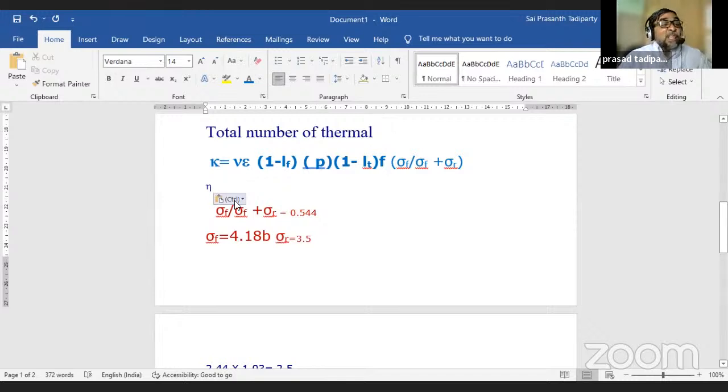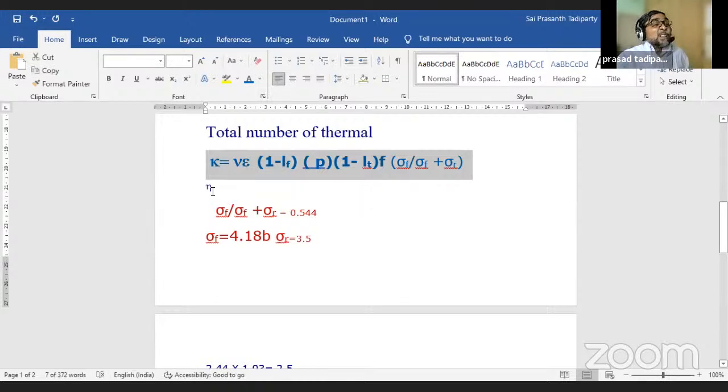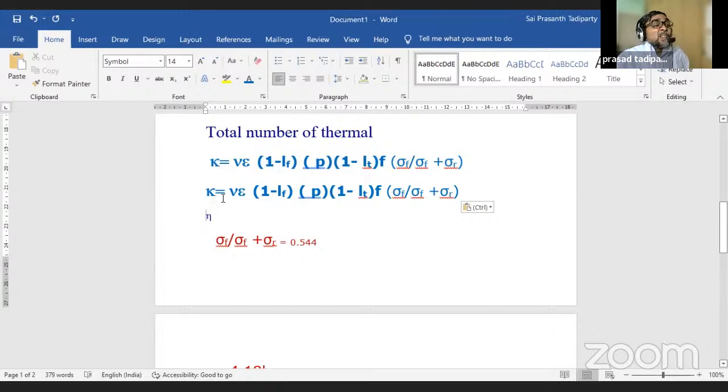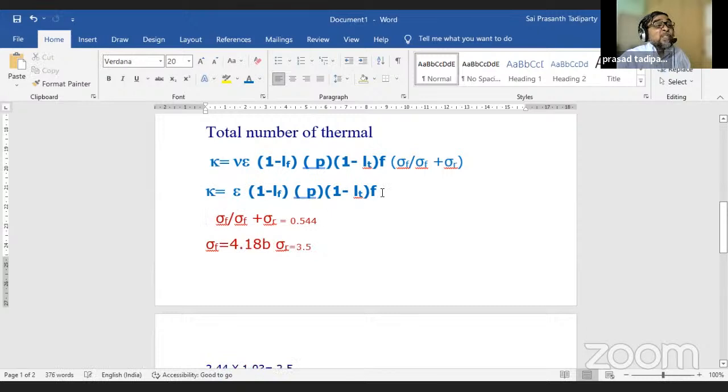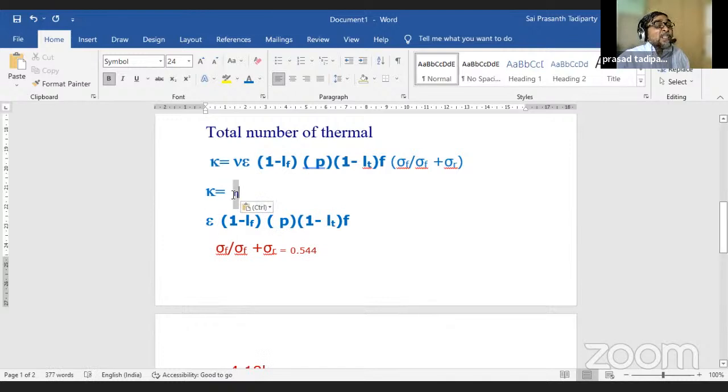So finally, K is equal to, now here I will rewrite. You can remove nu and this factor, so that is completely represented with eta.